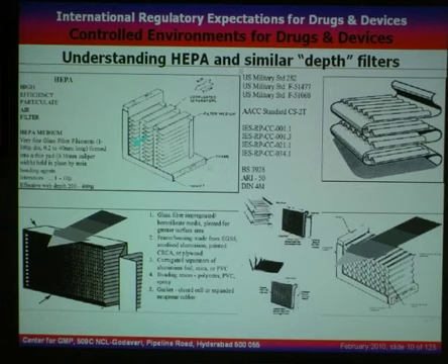Now when a HEPA filter is made in the form in which you use it, this sheet is pleated. And the reason why it is pleated is, the more the pleats, the more is the surface area of the medium. Now it could be pleated into 6-inch or 12-inch or whatever is the depth that you want.